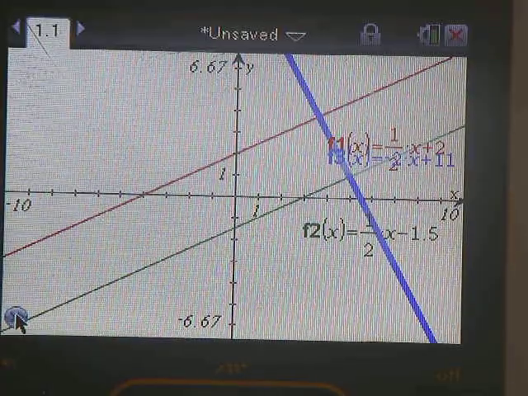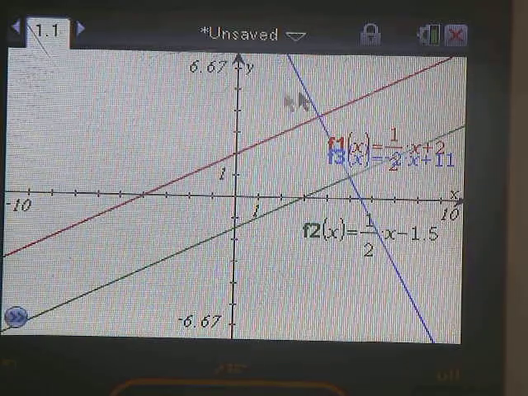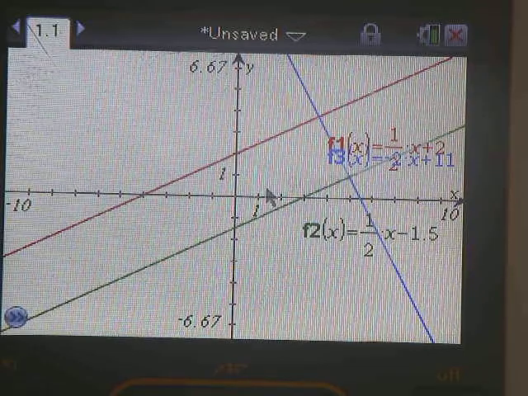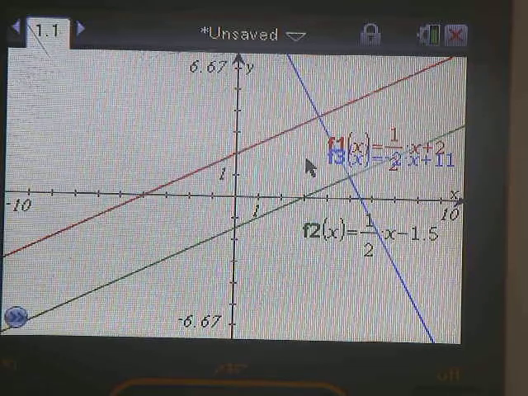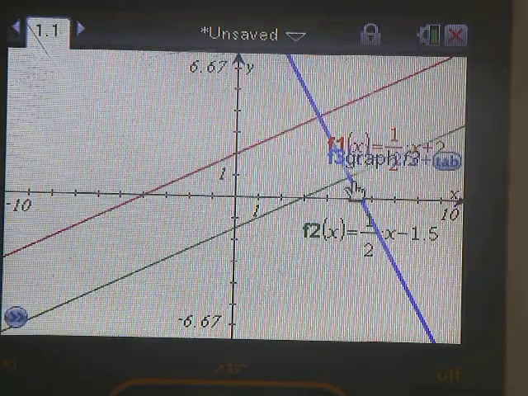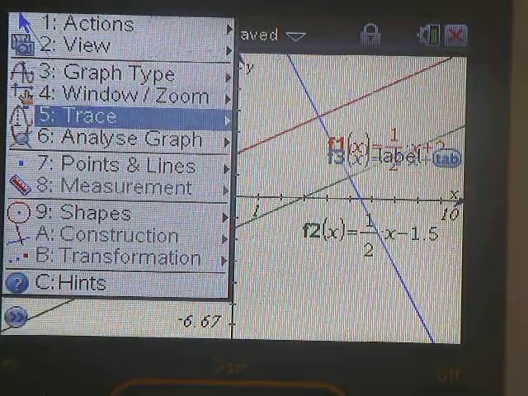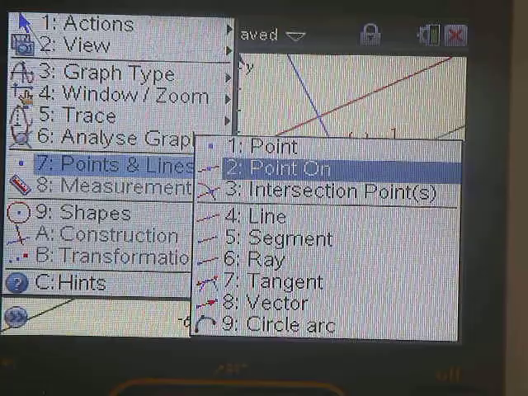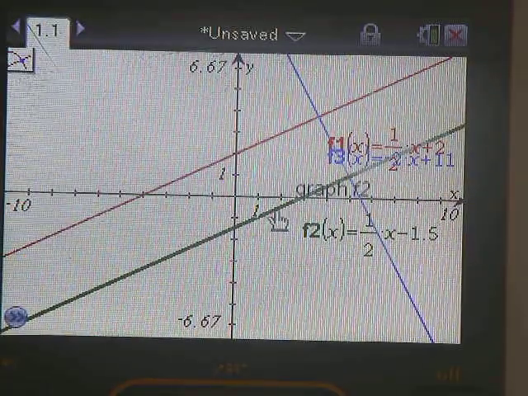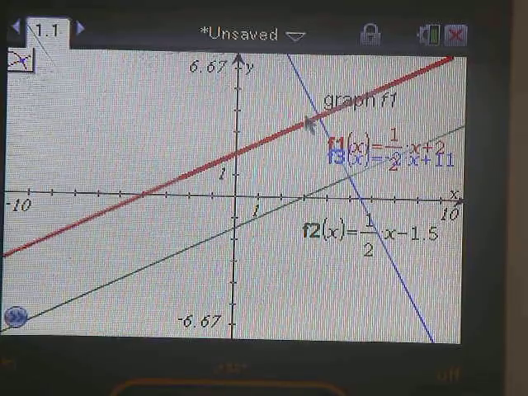All right, now, next thing I'm going to do is graph the equation that we said was perpendicular to this. That was y equals negative 2x plus 11. Negative 2x plus 11. And how about that? All right. You can see that was perpendicular. This is parallel. And this is the original equation. And they both go through the point (5, 1).